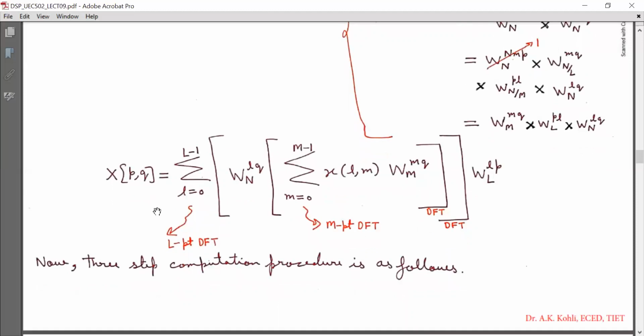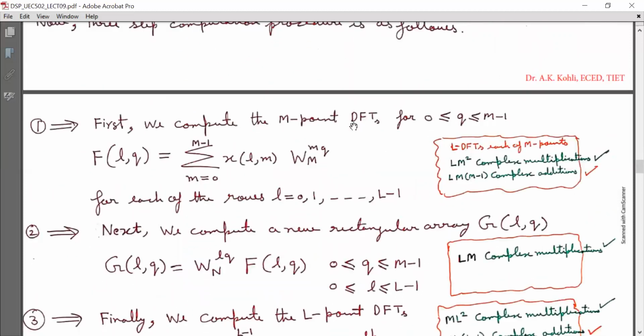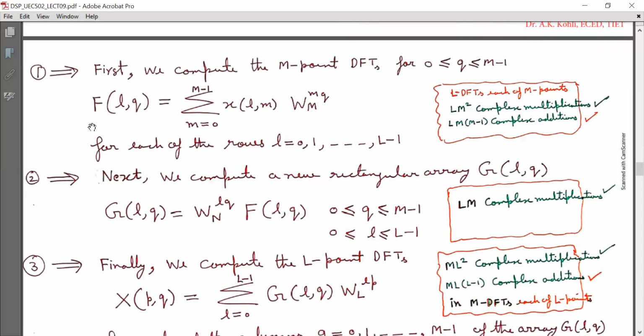For the computation of this, we need 3 steps. First, we compute the M point DFT for q ranging from 0 to M minus 1 to generate a DFT sequence F(l,q) equal to the summation m running from 0 to M minus 1 of x(l,m) W raised to power mq with base M, for each of the rows l ranging from 0 to L minus 1.